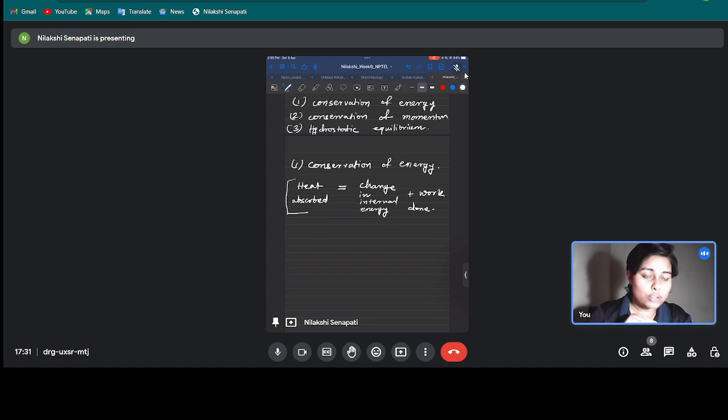So according to that, we already know that some amount of energy, and temperature is also a fact of energy, nothing more than that, needs to be input into the particular nuclear reaction such that fusion can happen. For that reason some heat must be absorbed, and whatever absorption of heat is happening should be balanced with something else, otherwise the system will not conserve energy. And that absorption is balanced with the change in internal energy and work done.